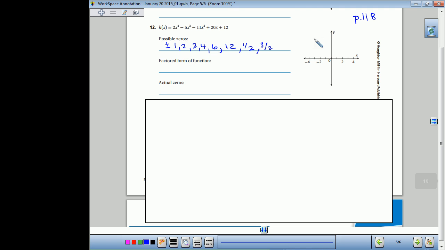Okay. For sake of time, I'm going to tell you that plus and minus 1 do not work. Girls, try positive 2.